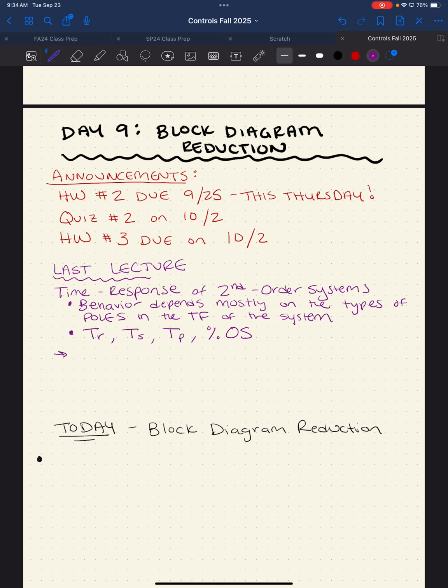Even more specifically, we analyzed just the natural response of these second order systems. When I say natural response, what is the other type of response we sometimes talk about? Forced response, right? So last class, we really only looked at just the system on its own without adding any annoying engineering input.